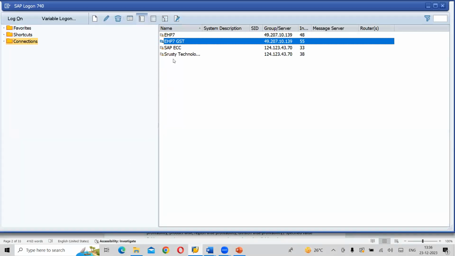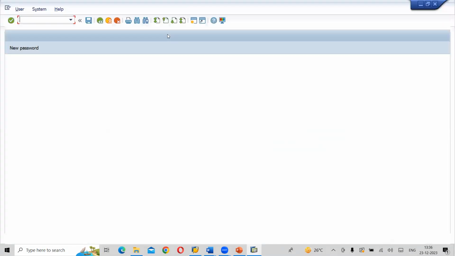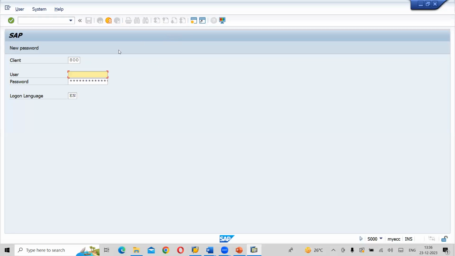If we want a real-time server, then we need to spend lakhs of rupees, which we can't do. Here you can see client 800 is a training environment server, so never ever say this 8 series number in your real-time interview.